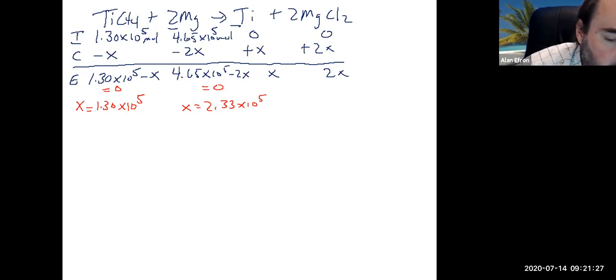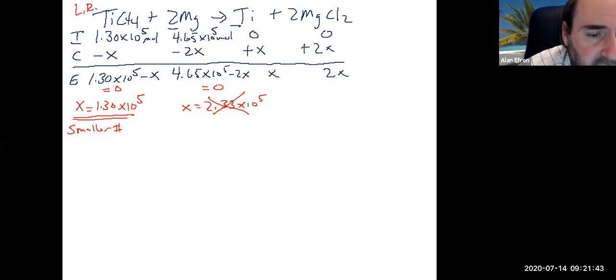The one that will be the limiting reagent is the smaller number. So this is too big, and because this is a smaller number, the TiCl4 is the limiting reagent, and the magnesium by default would be your excess reagent. Any questions on that?